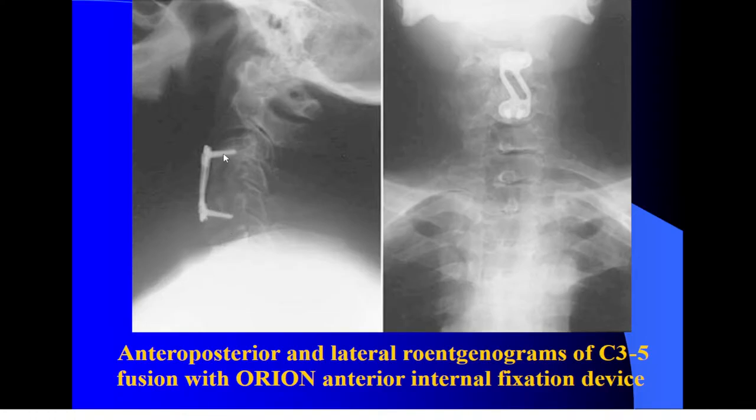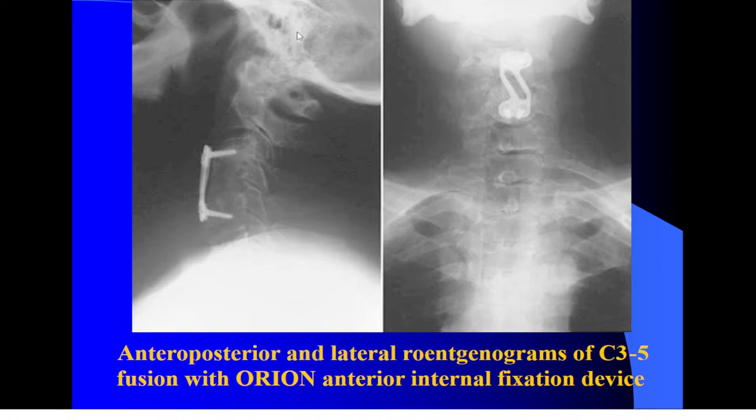So the main idea when we usually do it, if you have a fracture of some vertebra, for example in our case C4, the fourth cervical vertebra, you put screws into the C3 and C5. So you put screws in the vertebra above and the vertebra below the damaged one.